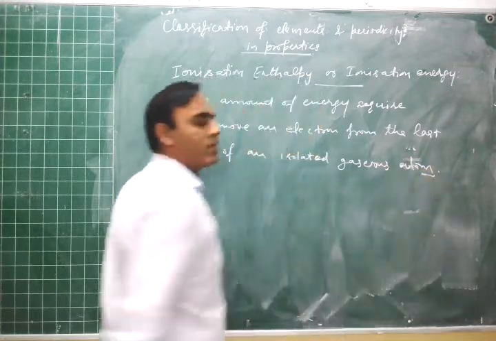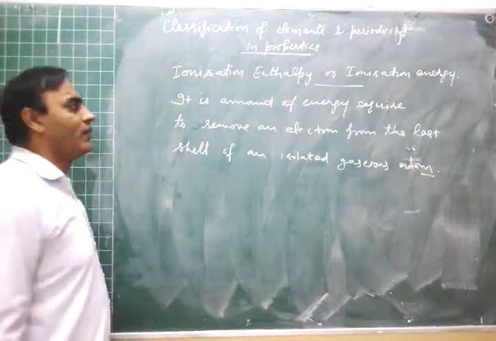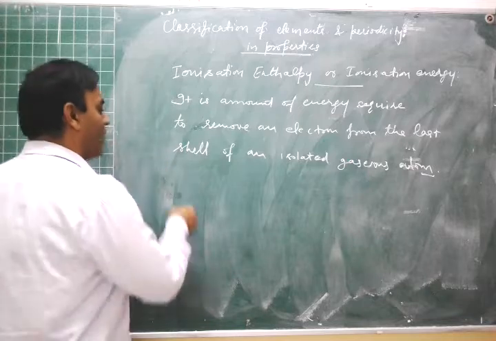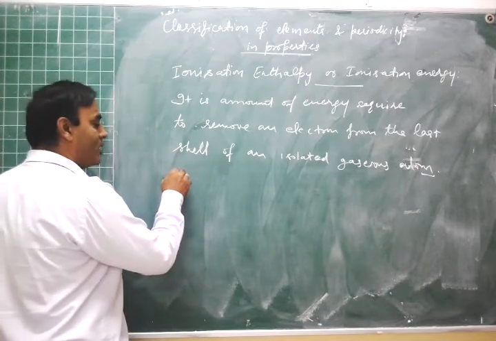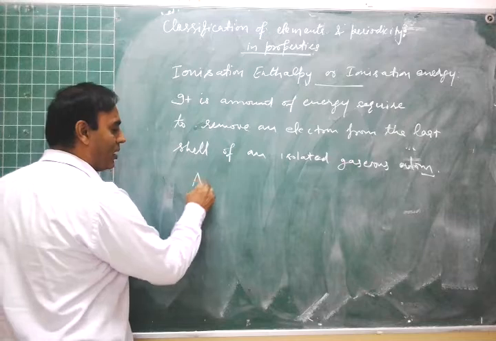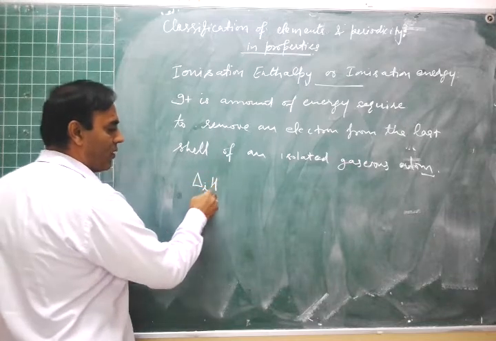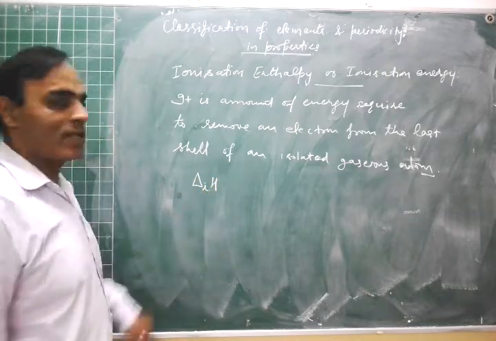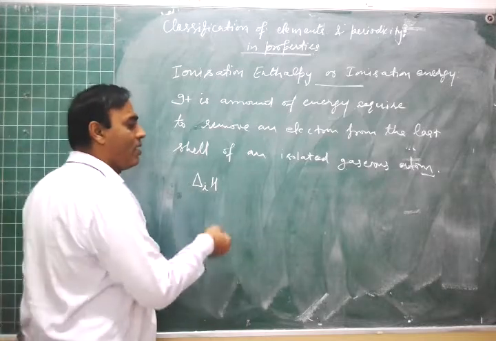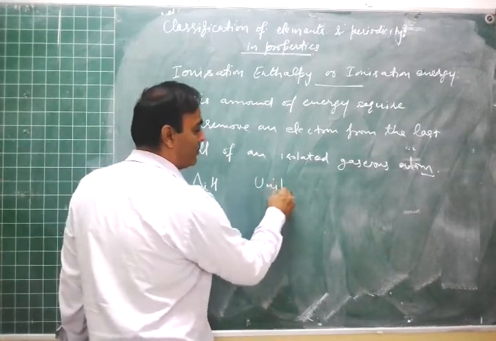So what are the units of ionization enthalpy and how is it represented? Representation: it is represented by the symbol delta I H, where I stands for ionization and H stands for enthalpy. And now its units.